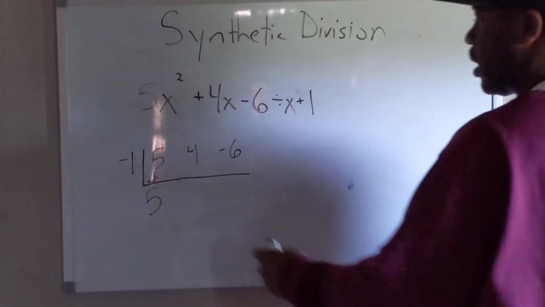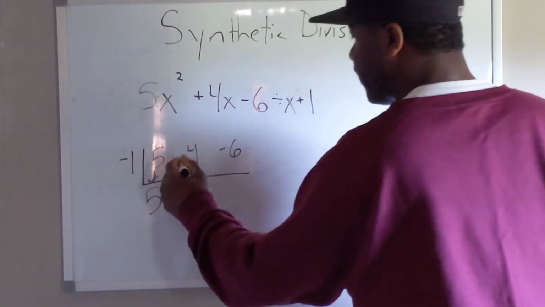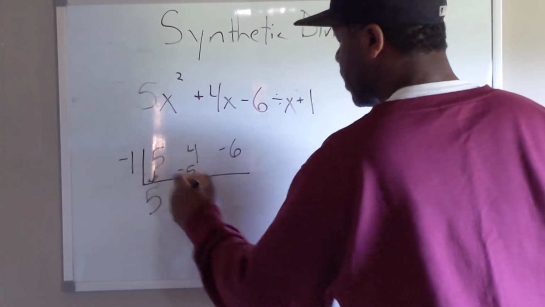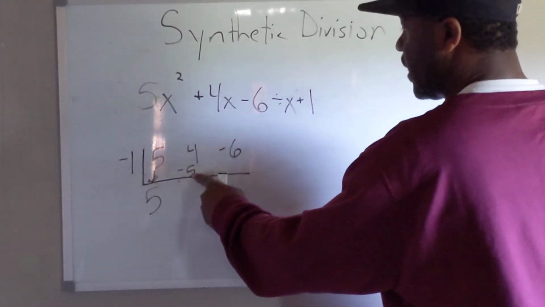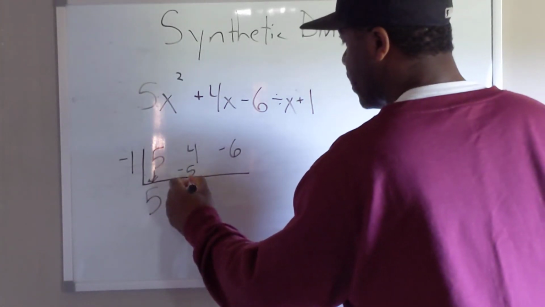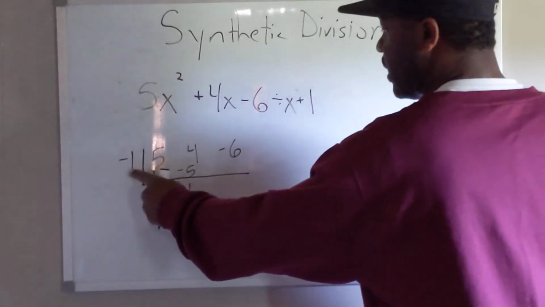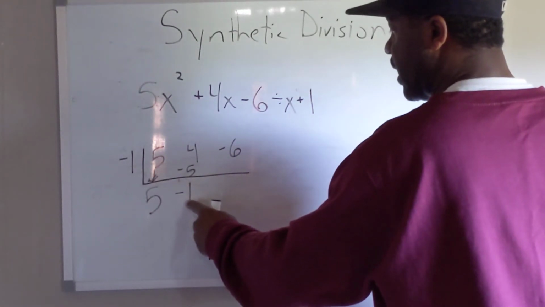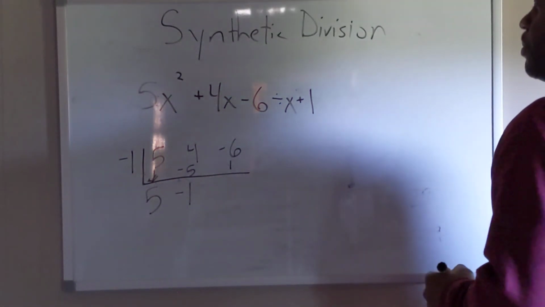Now we repeat it. Remember, multiply, add. Negative 1 times 5 is negative 5. 4 and negative 5 gives us a negative 1. Negative 1 times negative 1 gives us a positive 1.